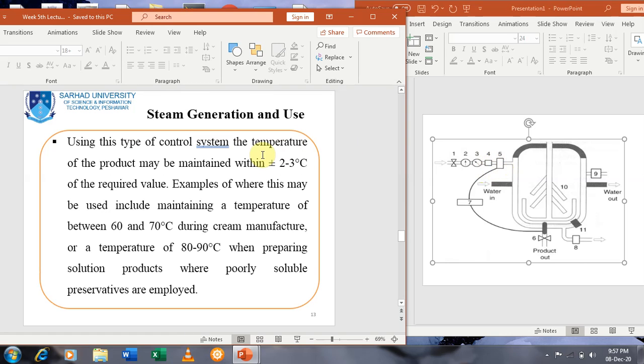And using this piece of equipment or control system, the temperature of the product may be maintained within plus or minus 2 to 3 degrees centigrade. Examples where this installation is used include maintaining temperatures of 60 to 70 and 80 to 90 degrees centigrade during cream manufacturing, as well as the preparation of solution products where poorly soluble preservatives are employed.